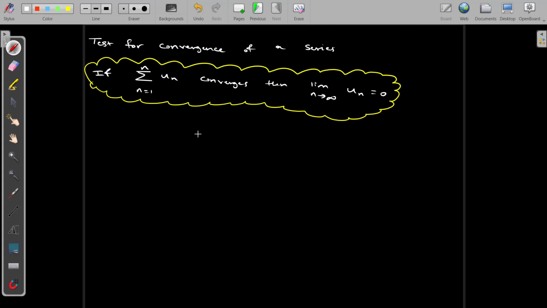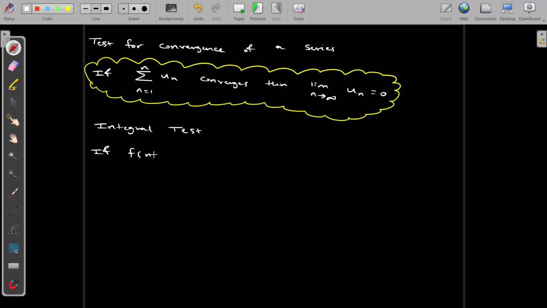So as stated, we want to look at the integral test. Alright, so the integral test, I'm going to give you the general notation for this.